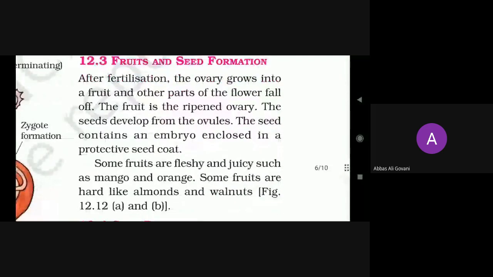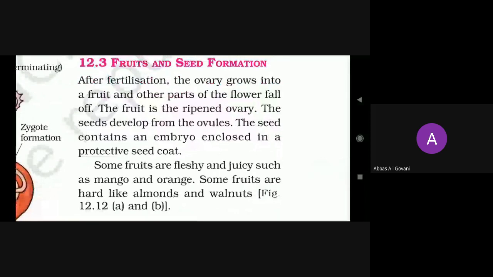See, fruit and seed formation: once fertilization is over, the ovary grows and turns into fruit, and the rest of the parts of the flower fall down.